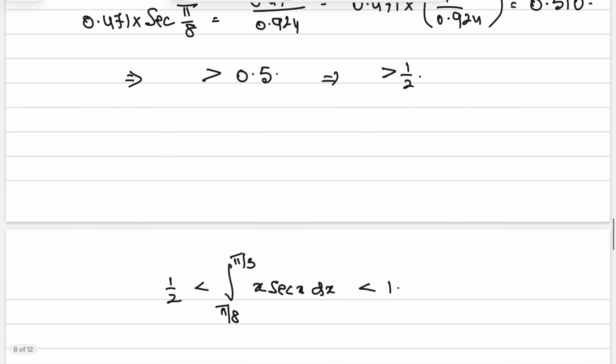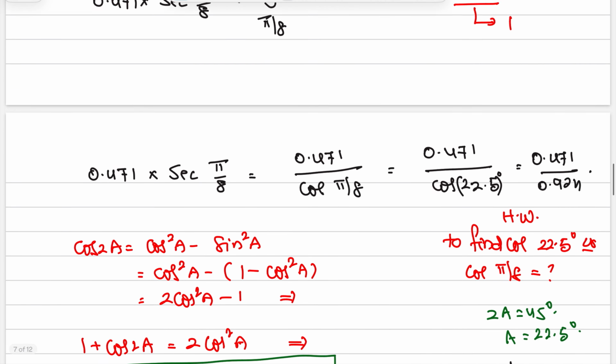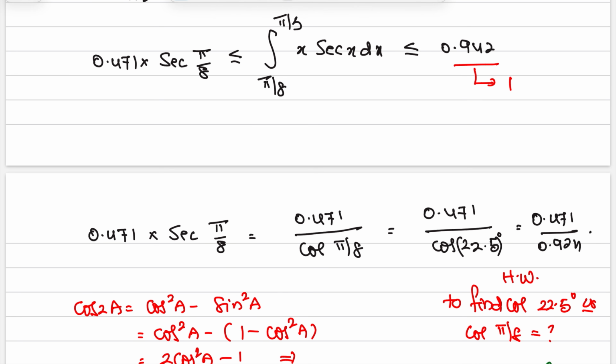That means the ultimate solution will be half is less than integral pi by 8 to pi by 3 x secant x dx is less than 1, because this value we have got as 1 and here this value we have got as half.